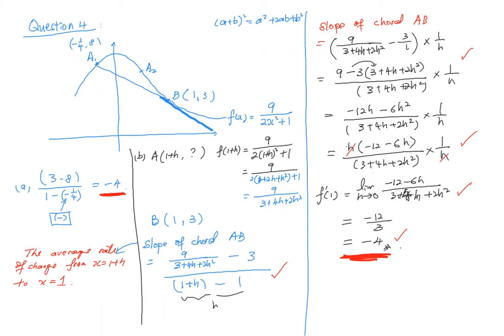It must be a chord. It happened to be a tangent to the curve. So can a tangent to a curve at a point cut the curve again? The answer is yes.